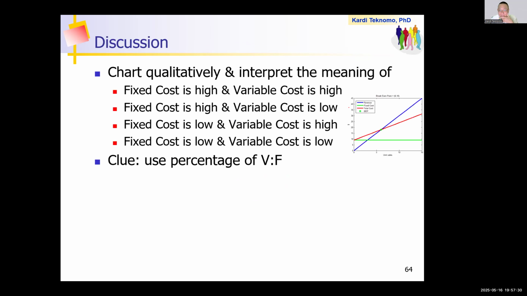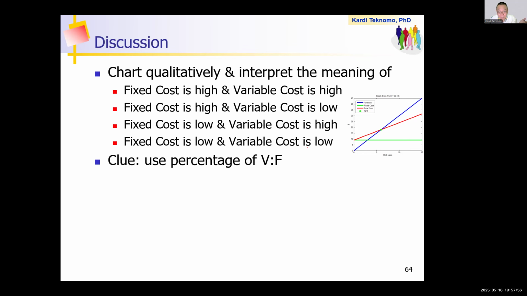So say you have 4 possible scenarios. Fixed cost is high or low. Variable cost is high or low. Okay, then what will happen?